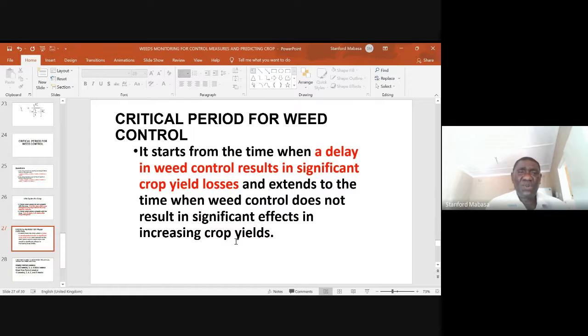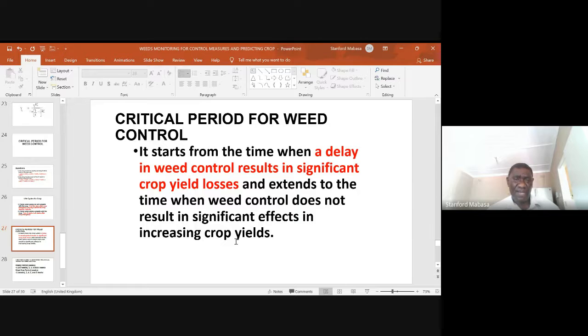Now, there's what we call the critical period for weed control, which starts from the time when a delay in weed control results in significant crop yield losses and extends to the time when weed control does not result in significant increases in crop yields.